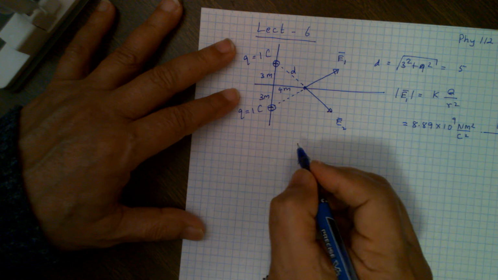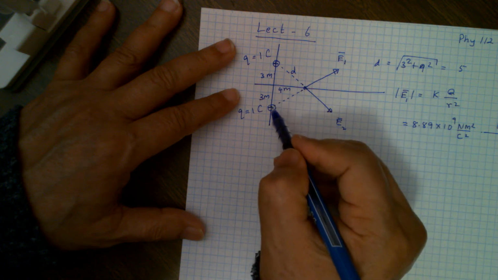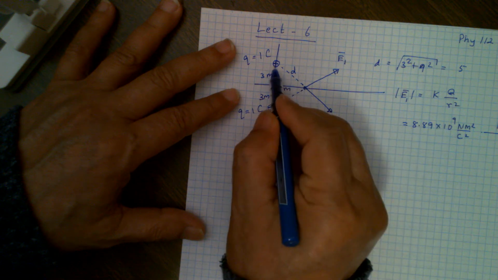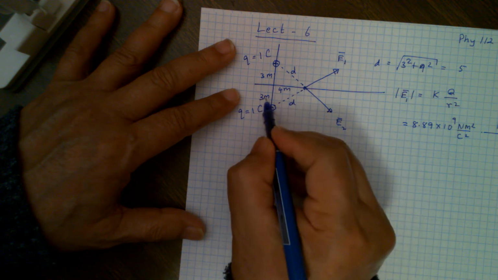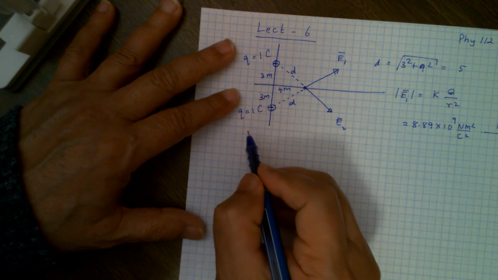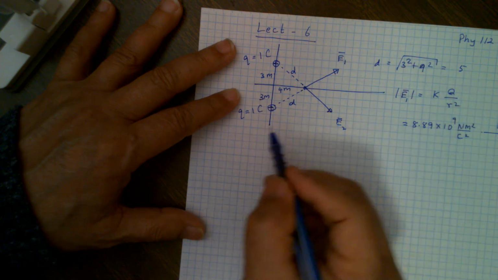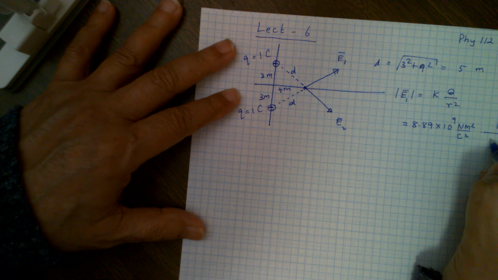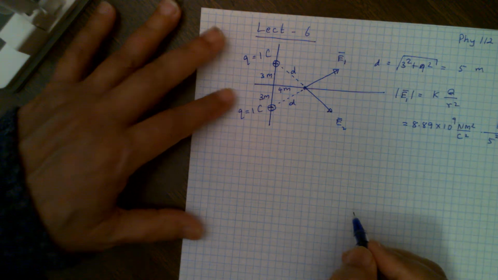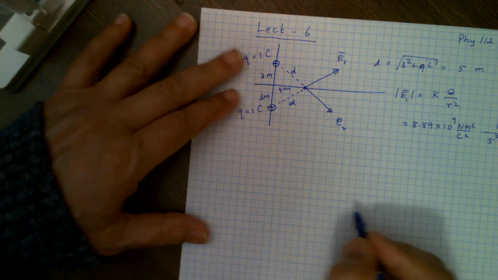The distance between the charge and the point is D. This is also D because it's the same 3, 4 triangle. So D, we know that's 5 meters. Okay, so that's 5 meters squared. So what do I get for E1?